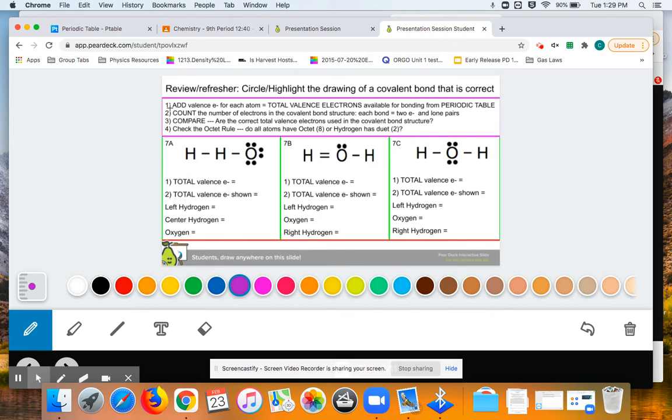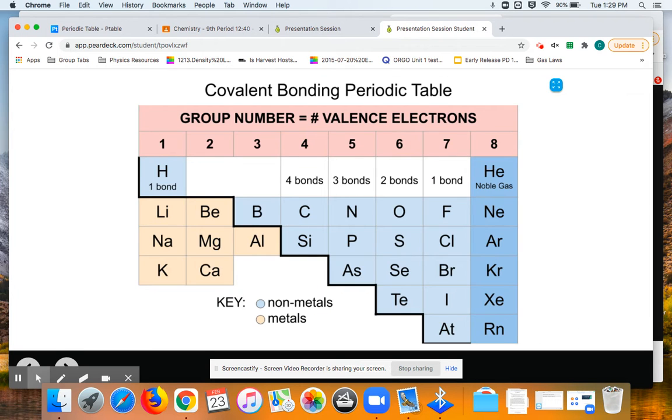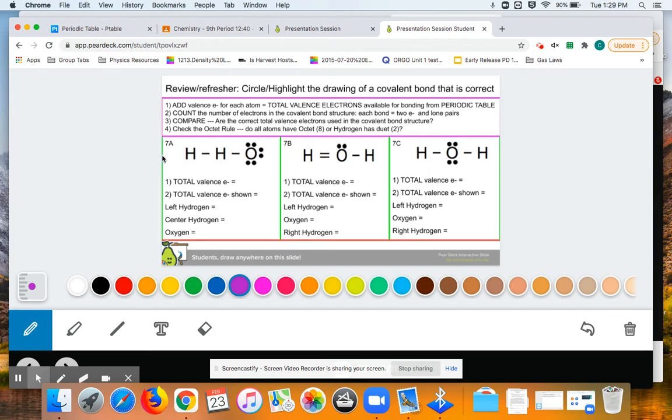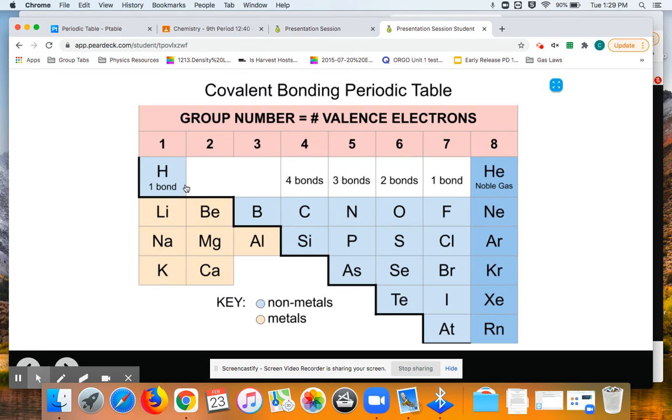So step 1 says add valence electrons for each atom. This will equal the total valence electrons available for bonding from the periodic table. We can use the periodic table, or go 2 slides back, or 1 slide back and use this chart. Basically, in this, I have 2 H's and 1 O. So I want to find the total valence electrons that should be in 2 H's and 1 O. H is in the first column, so it has 1 valence electron.